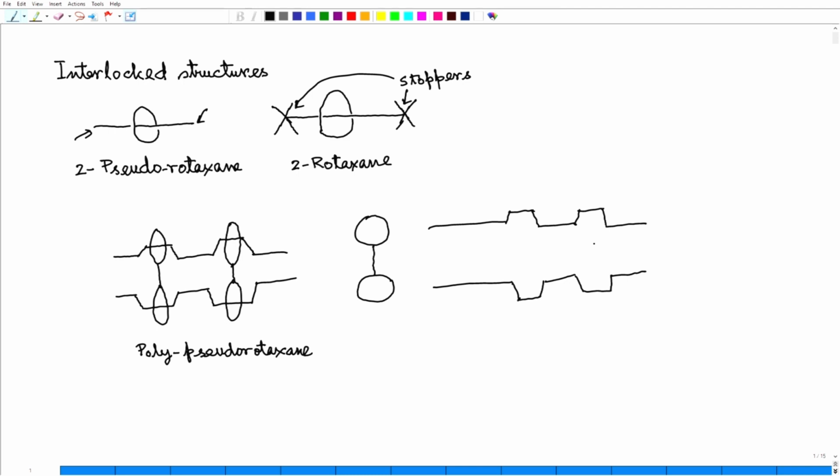All right. Then another interlocked structure is, so this is also another interlocked structure.